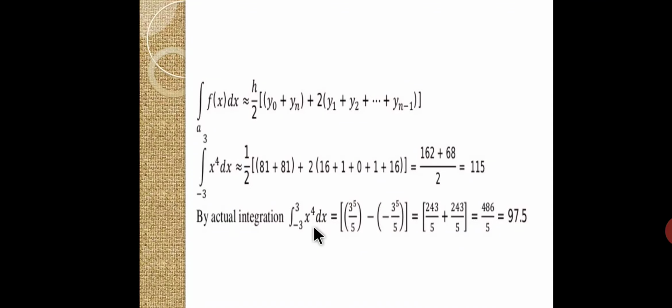Applying the upper limit and lower limit, we get 3 power 5 by 5 minus (minus 3) power 5 by 5. Totally we get the value 486 by 5, that is equal to 97.2. This is the actual integration value. When we apply the trapezoidal rule, we get the value 115.